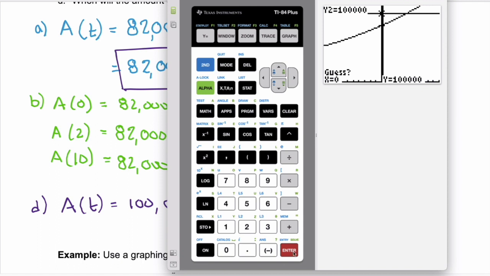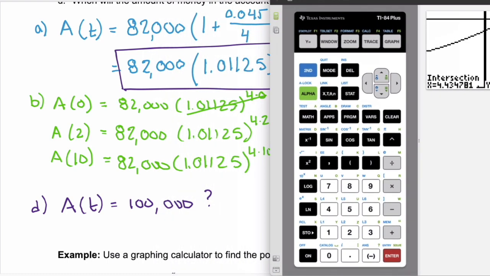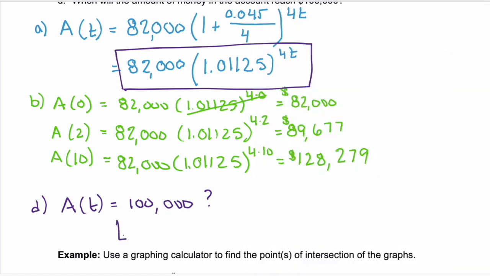So I'll hit enter. And look, it pops up the intersection. When y is 100,000, x equals 4.43. So x, or t, is 4.43. Well, time is in years, so this is 4.43 years, or just under 4.5 years, in order for that $82,000 to become $100,000.